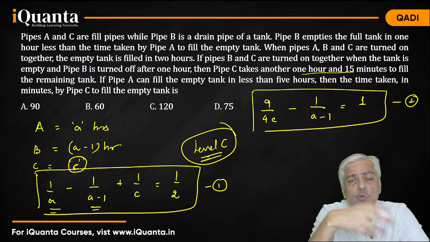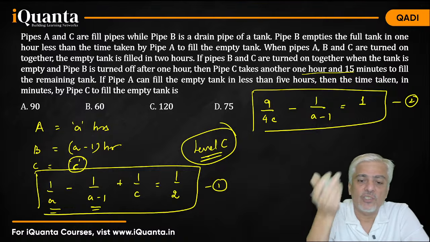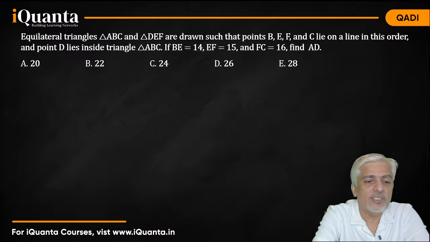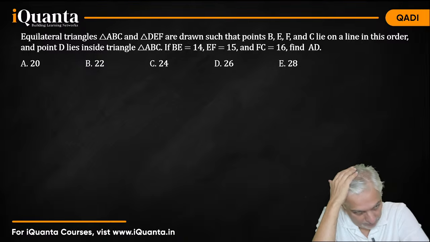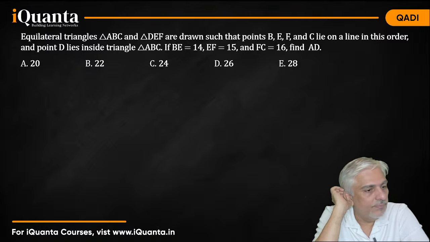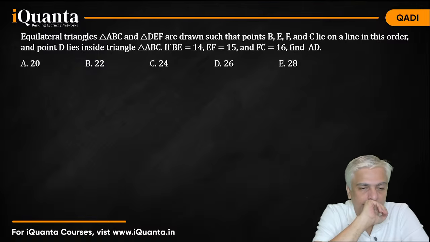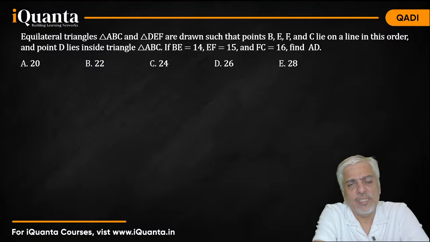When you've done so many questions of this type, something might strike. Chalo, let's go ahead. Yeah, it was a level C question. It was a question to be left alone.